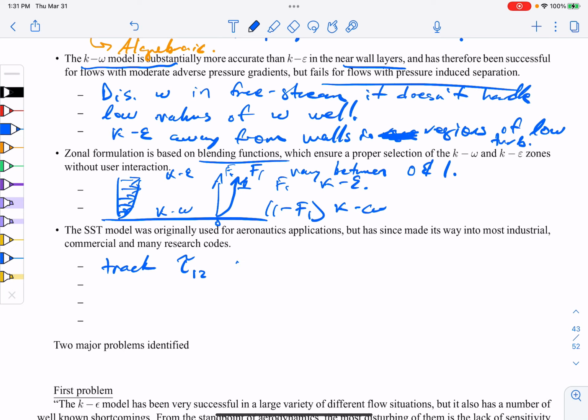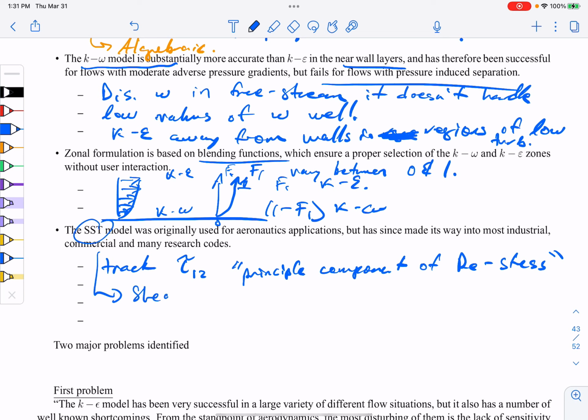That's called the principal component of the Reynolds stress. And in the original formulations of the Menter SST model, that's shear stress transport, that is exactly what we would create a transport equation for, and they've already been developed, but we'll try and simplify that down to only the physics that we absolutely need.